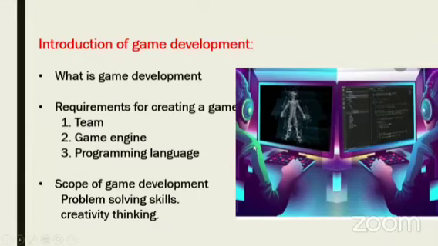Many programming languages are there, but in game development, we will use C# and JavaScript. Basically they use these two languages, but we can use Python, Java and C++ also.